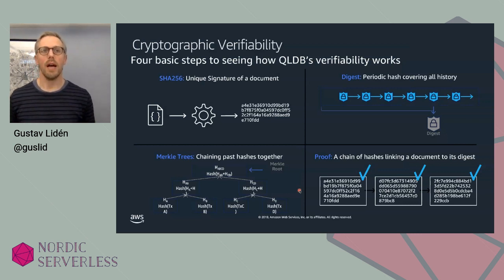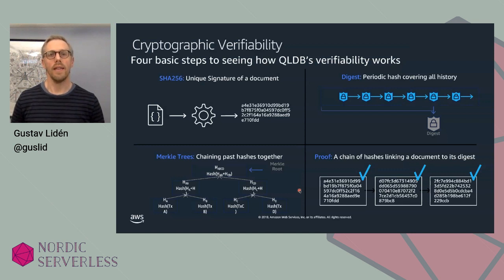That enables you to do a verification chain that is only logarithmically related to the amount of entries in the digest. So it creates a much easier, much cheaper way to verify the integrity of the data.